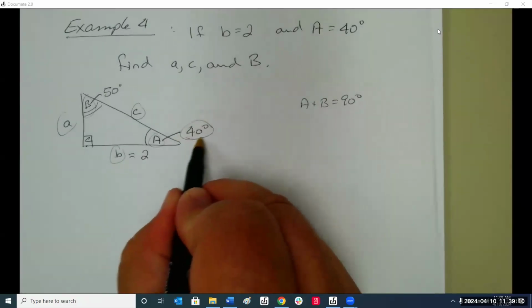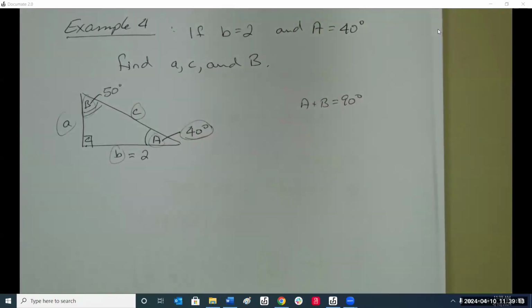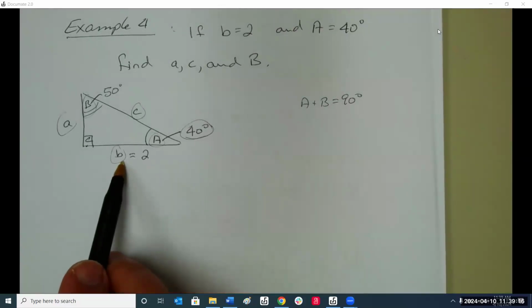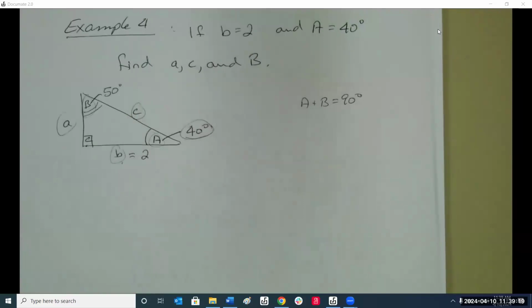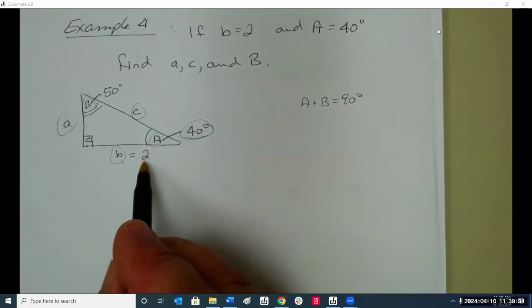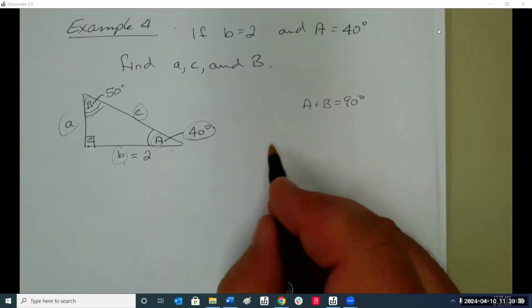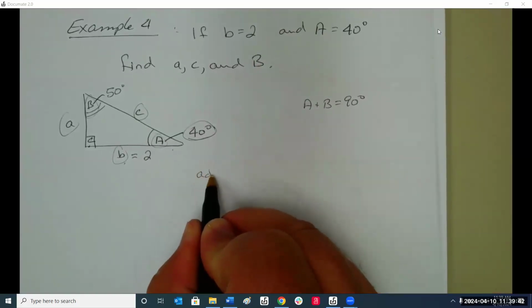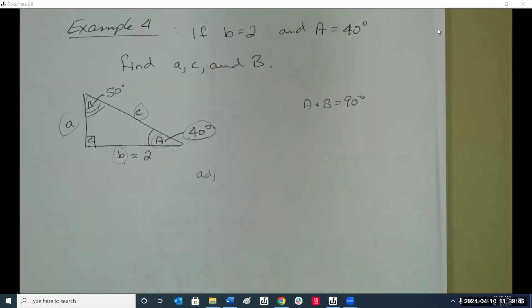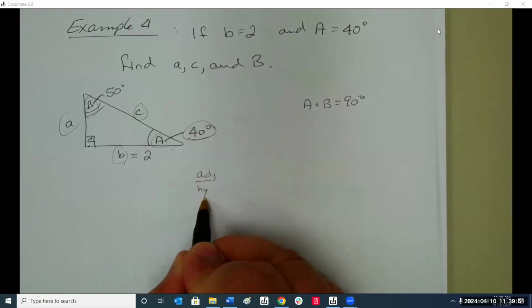Since we're given 40 degrees, let's use this angle. So what formula can we use with this one to figure out A and C? Is this adjacent, opposite, or hypotenuse to A? So it's adjacent. So which functions deal with the adjacent function? We know one, adjacent over hypotenuse.